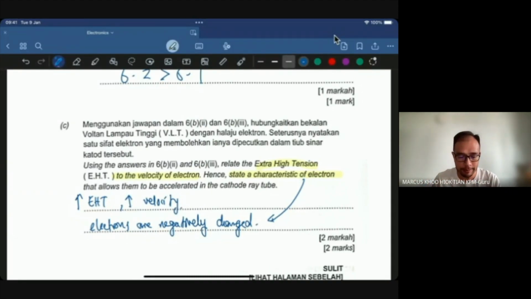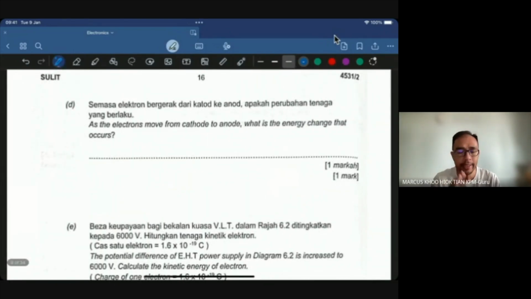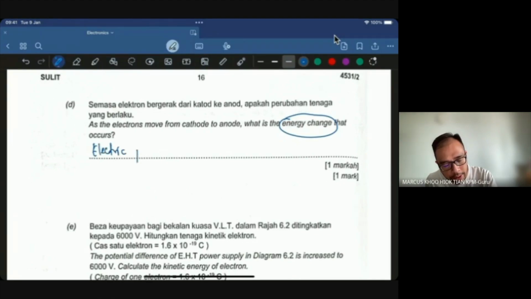All right, as the electrons move from cathode to anode, what is the energy change that occurs? If you remember from the Kedah paper just now, the energy change that occurs is electric potential energy to kinetic energy.